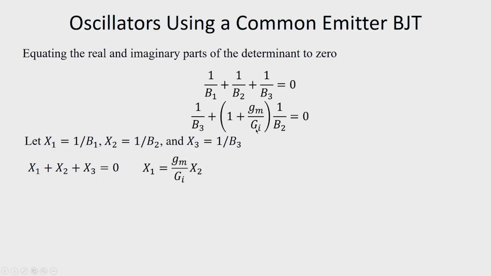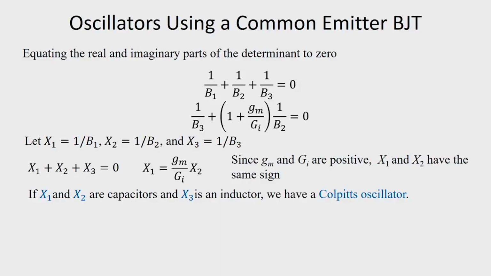And also we get, after substitution in the second equation, x1 is equal to Gm by Gi x2. Now, here Gm by Gi will be a positive quantity and therefore, x1 and x2 will be of the same sign.